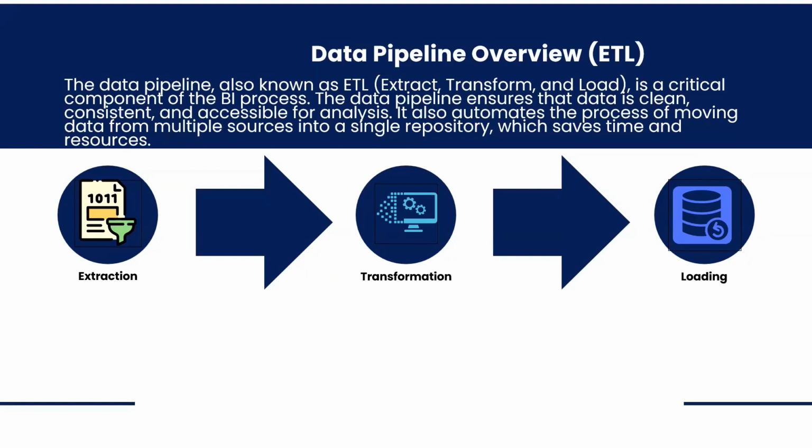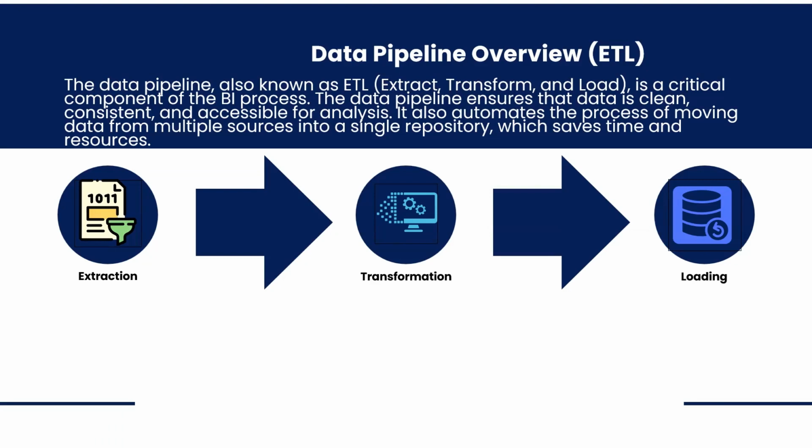This may involve cleaning of the data, converting the data into a common data model, and enriching it with additional data from other sources. And then after the data has been transformed, the data is loaded into the central repository, such as a data warehouse or data lake, from which the data will be accessed when required.